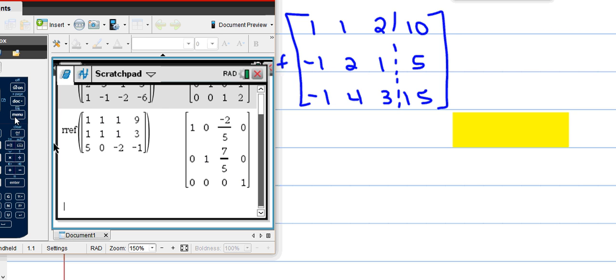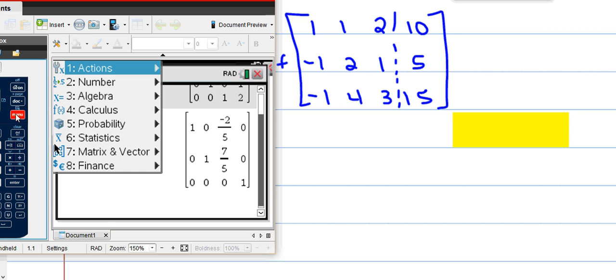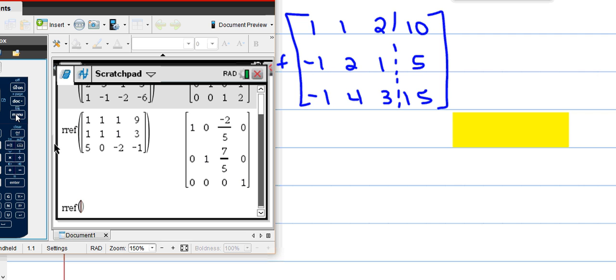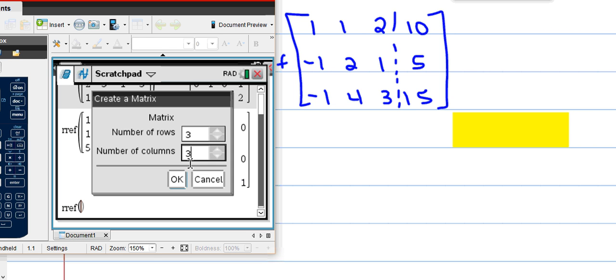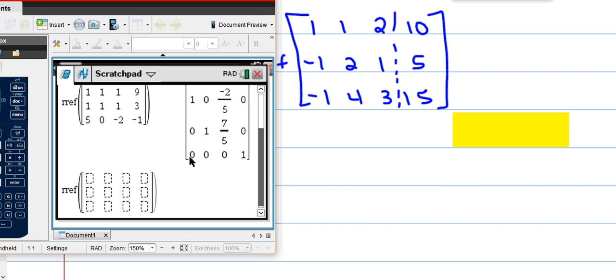When you put that in your calculator, menu 7, 5, 1. Whoops, what did I forget? I forgot to put that in there. Let's go to the button beside the 9, choose 3 by 4. All right, here we go. 1, 1, 2, 10.